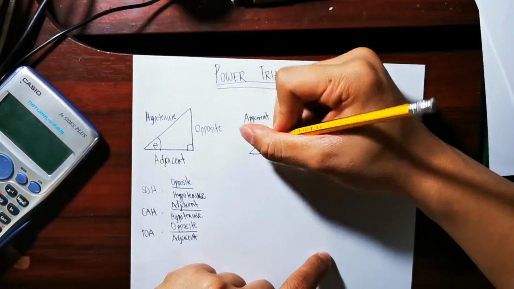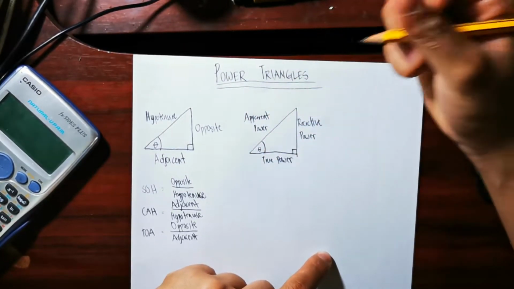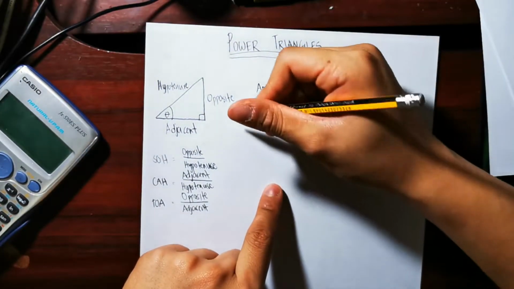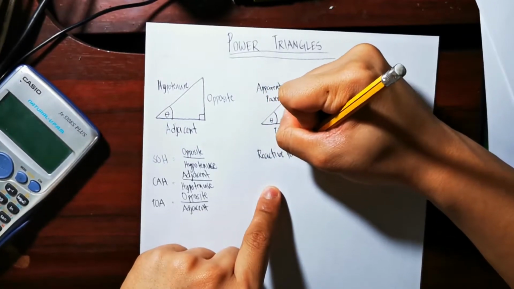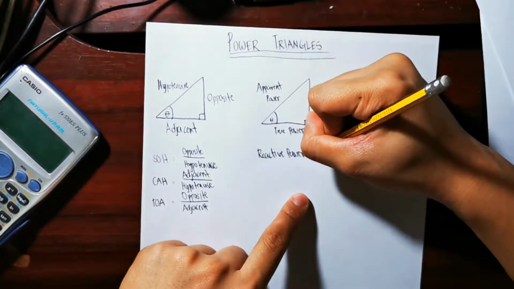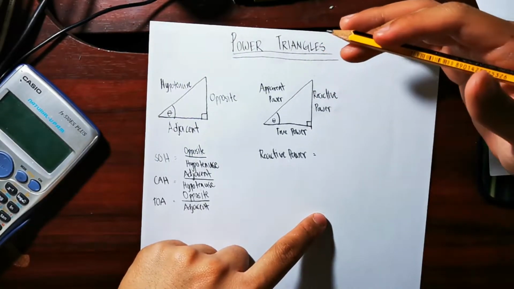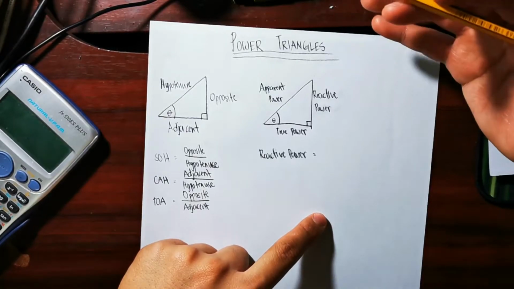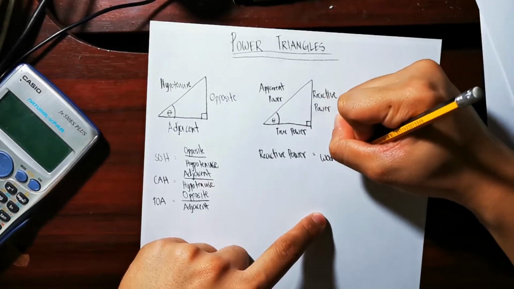This side is known as the true power. Our reactive power is also known as the waste energy, or the energy that is not really used or utilized by our circuit. So we'll write it down here, waste energy.